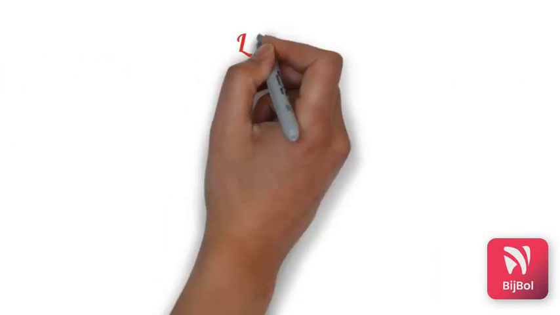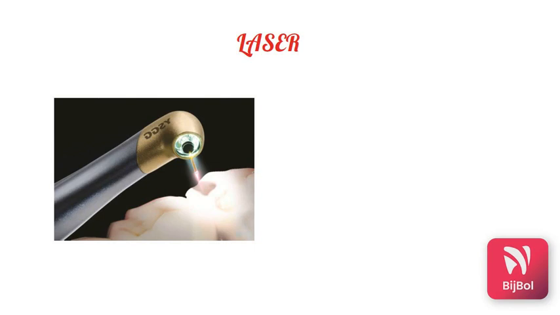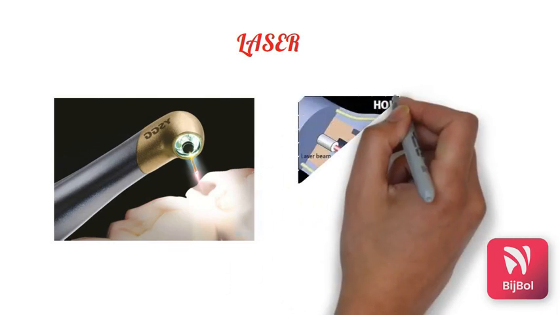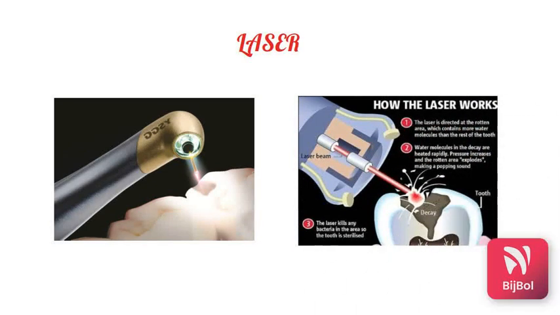Next, one of the recent advances is the laser. It uses the erbium YAG or the erbium chromium YSGG, that is the yttrium scandium gallium garnet, lasers. How does it work? We'll see the laser working now. The laser is directed at the carious dentin area, which contains more water molecules than the rest of the tooth.